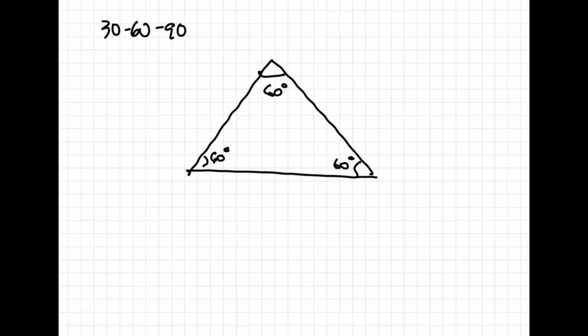Now, how can I derive a 30, 60, 90 degree triangle from this drawing or diagram? It's as simple as drawing a vertical line, and this line should be perpendicular to your base. So pardon my drawing, it's not perfect, but you get the idea. There.